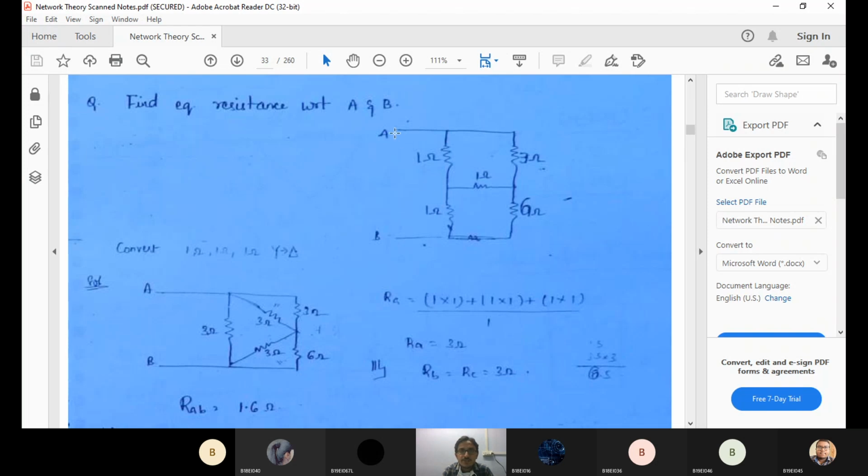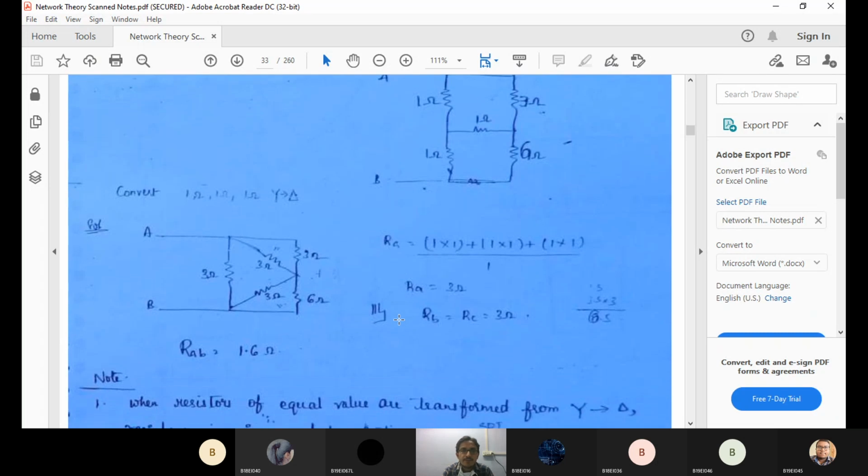So here is a circuit. All these parts are connected between the potential terminals A and B. Your resistances are 3 ohms and 6 ohms, and another 3 resistances are 1 ohm, 1 ohm and 1 ohm.